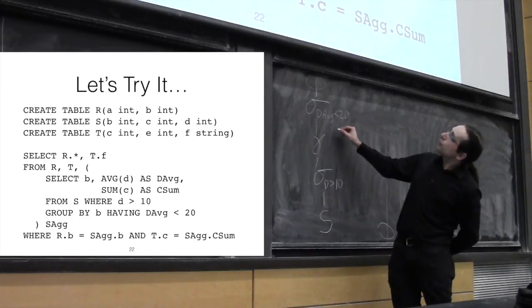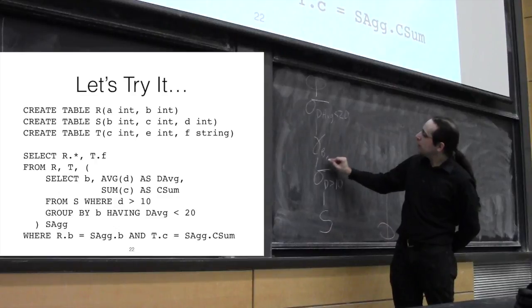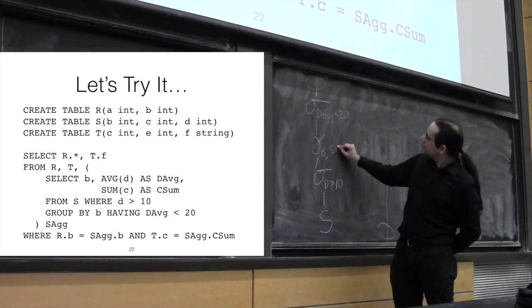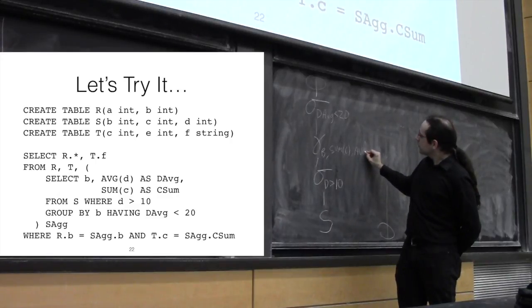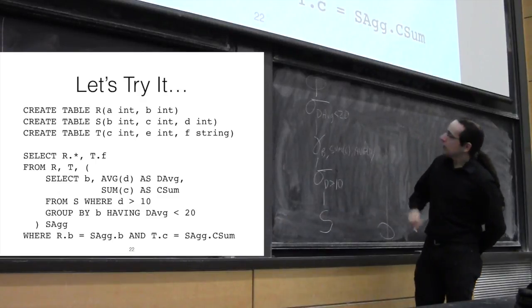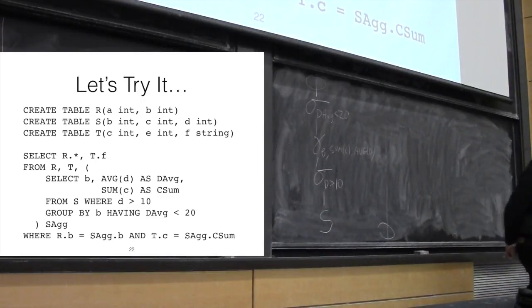Yeah, so this is group by B, sum C, average. We'll talk about aggregates next class, just so that you're familiar with what they look like.